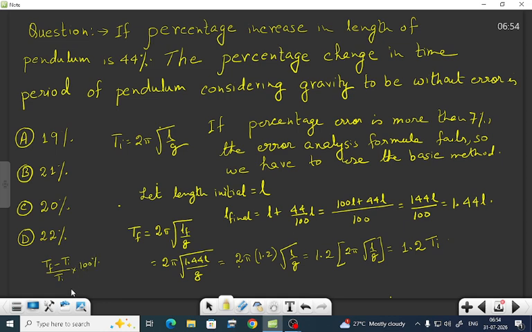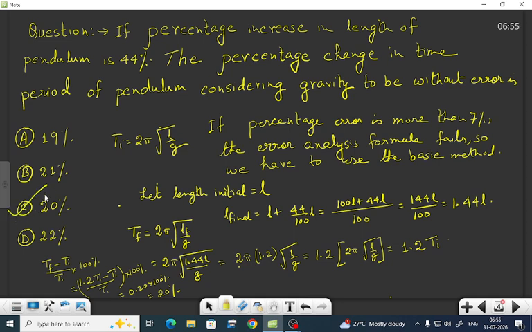So T final is 1.2 Ti, so 1.2 Ti minus Ti divided by Ti, into 100%. We get 1.2 minus 1, that is 0.20, into 100%, so we get 20%. So the value we get here is 20%.